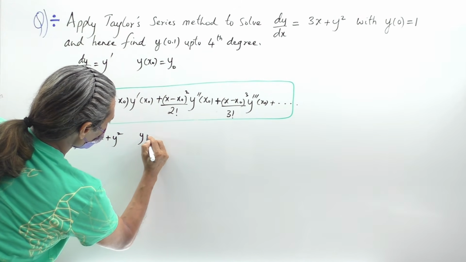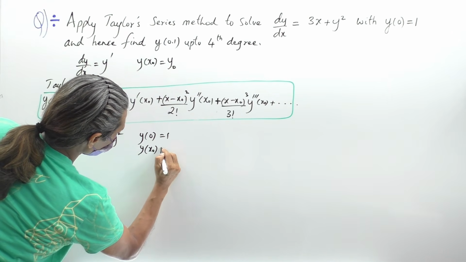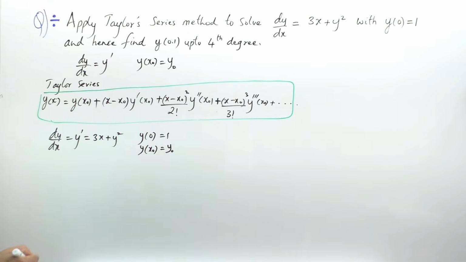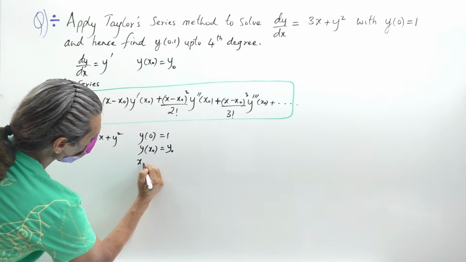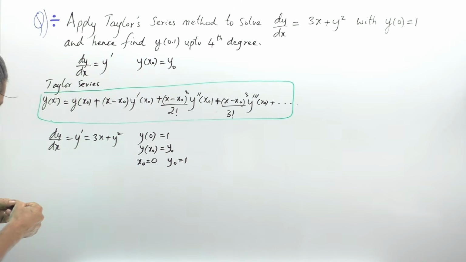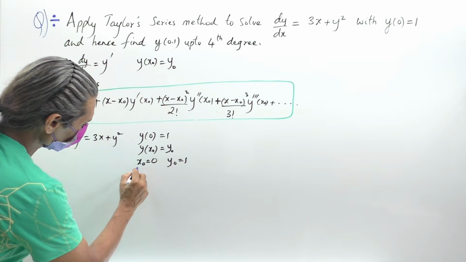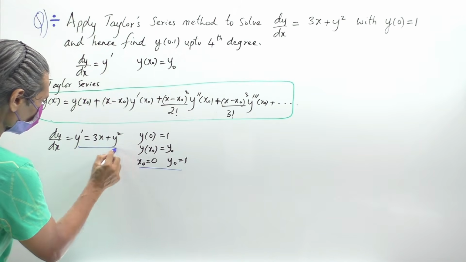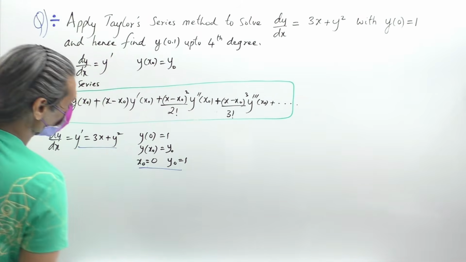See, y of 0 equals 1 means y of x naught is equal to y naught. As I told you, they always give this in a question. So we have x naught equal to 0 and y naught equal to 1. They will always mention this condition in the given problem. Now, as x naught is equal to 0, we put it here and write the series.